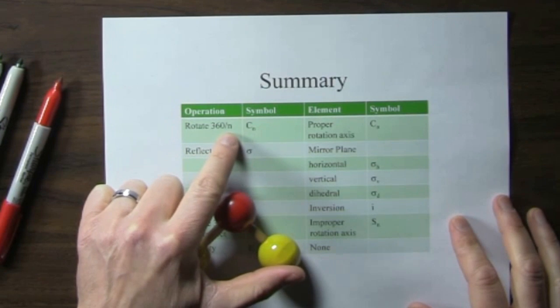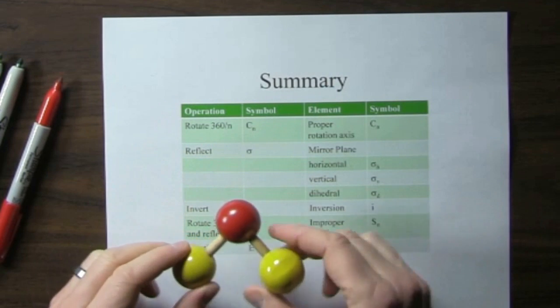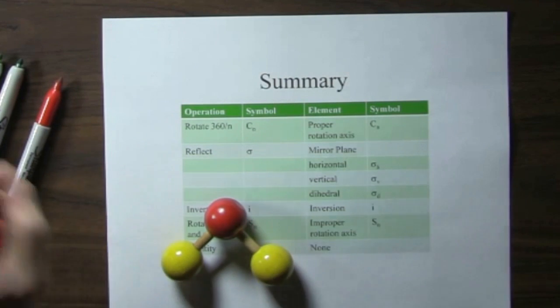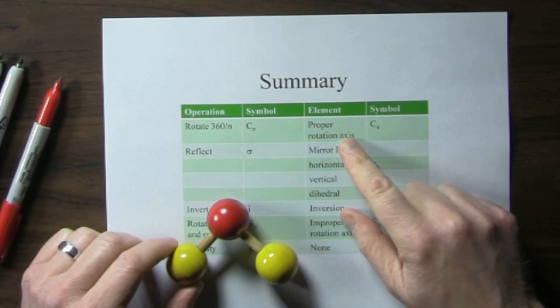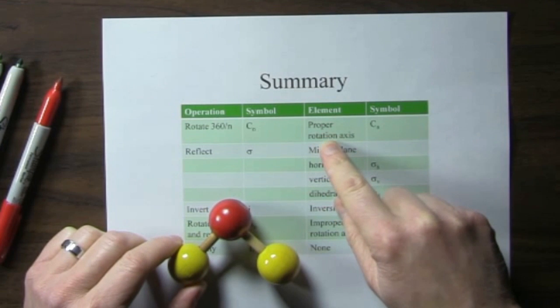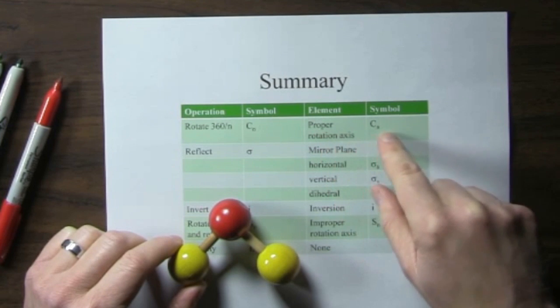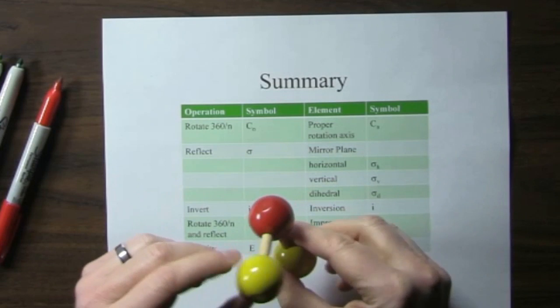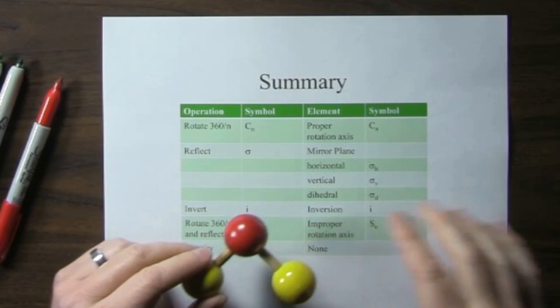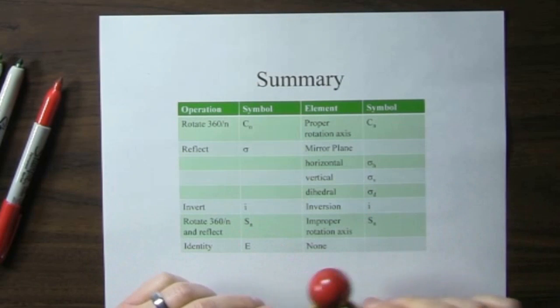So the 2 is the important part. I would call this a twofold rotation, or C2 rotation. And that rotation takes place about the element of an axis. We call this a proper rotation axis, and it has the same symbol, C2, corresponding to the type of operation. Okay, what other types of elements do we have?